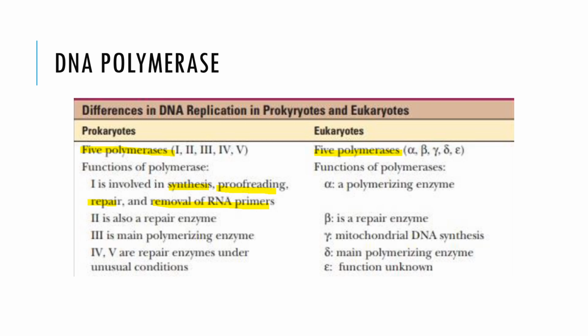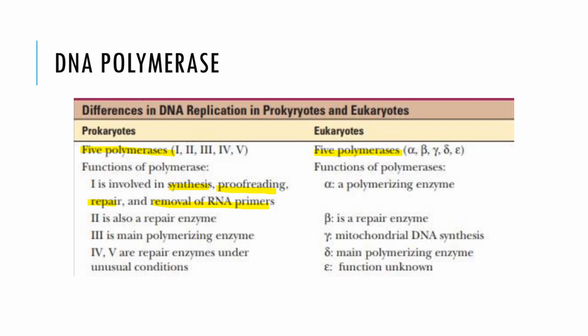These two things are very important. You need to know that in prokaryotes, the primer is synthesized by polymerase 1, and after the completion of DNA replication, the primer is removed by polymerase 1.